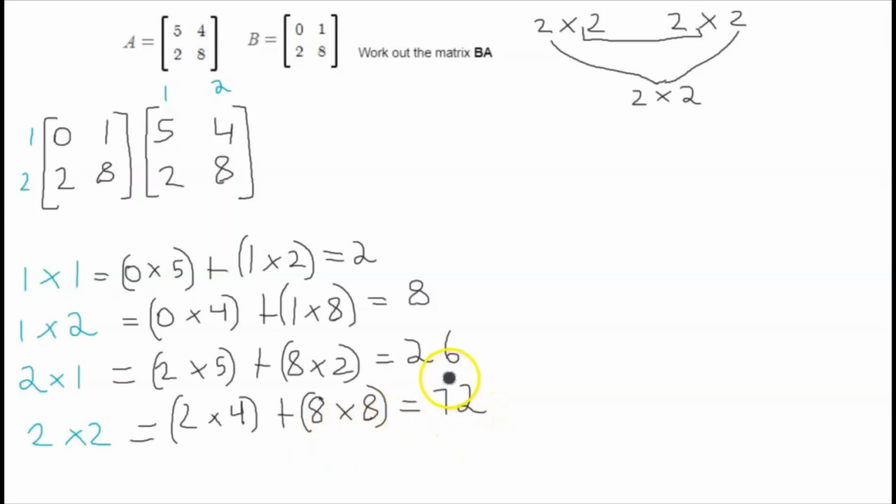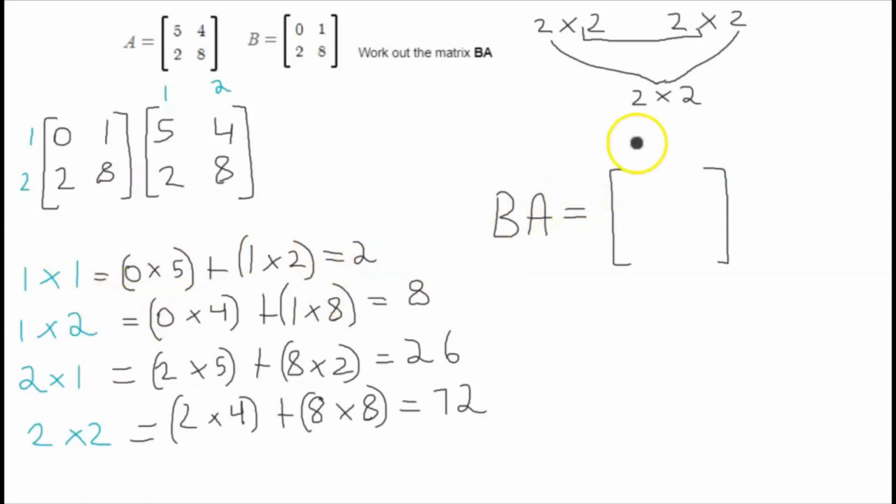So now we're going to be writing in all our values for BA. We've got all the 4 values that we're going to have inside of it, so we just have to write them in now, one by one. The position of the row and column is the position of the number in our new matrix.